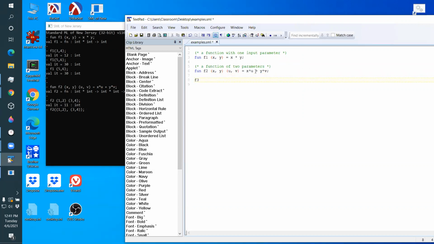F3 takes in a tuple of tuples, and then it's going to have the exact same right-hand side.